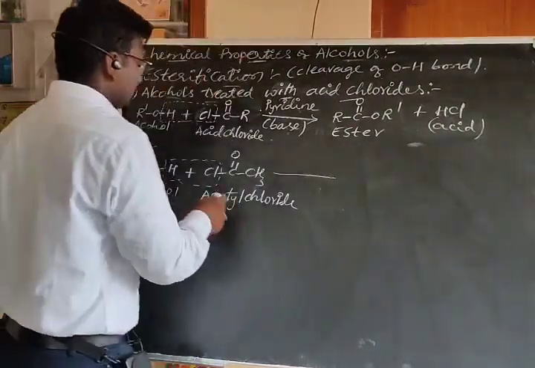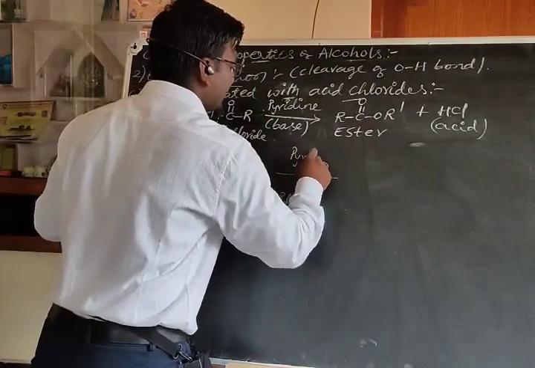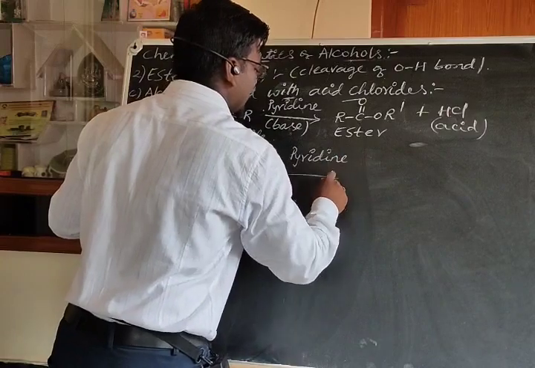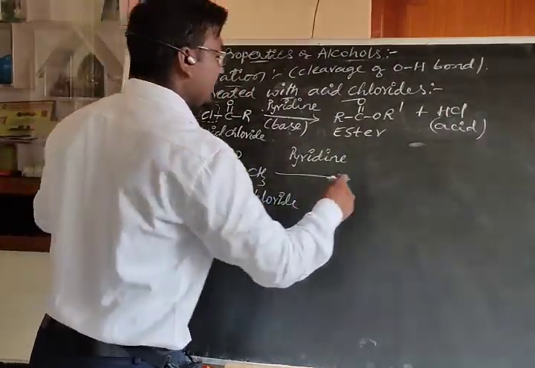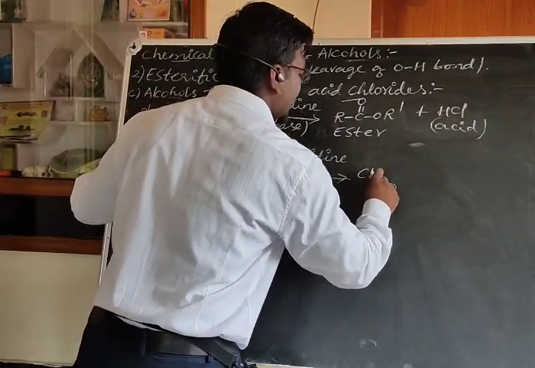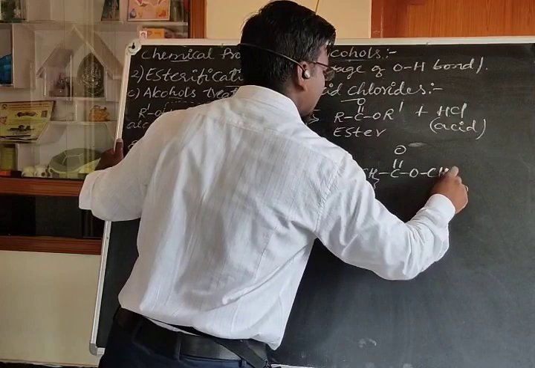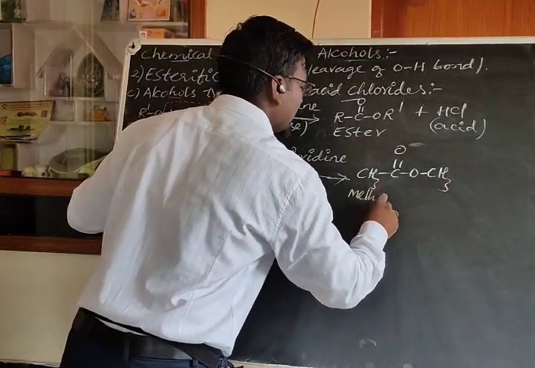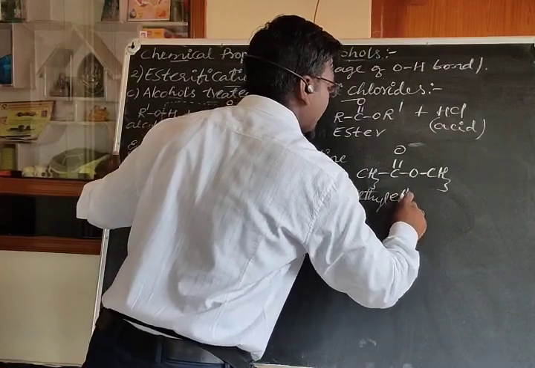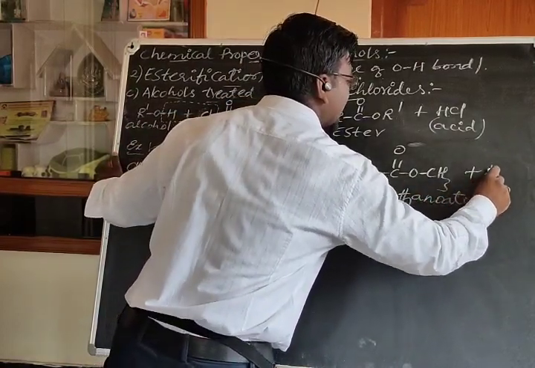Treat these two in the presence of pyridine, a base, to neutralize the HCl formed. So the product is CH3COOCH3, again methyl ethanoate, and the byproduct is HCl.